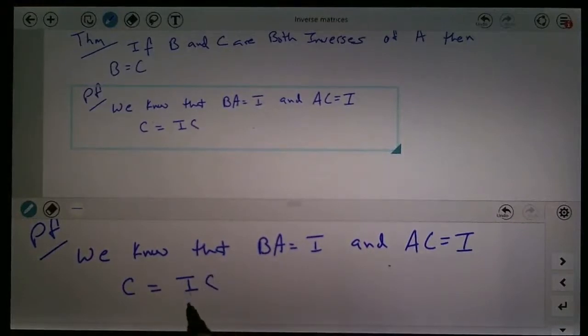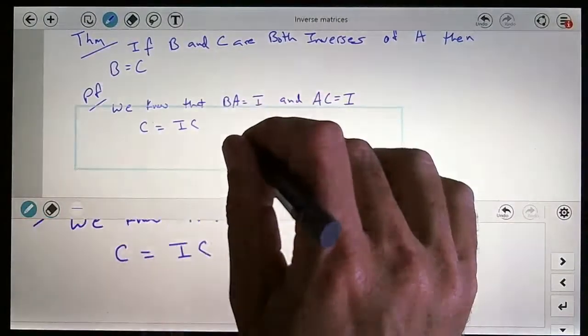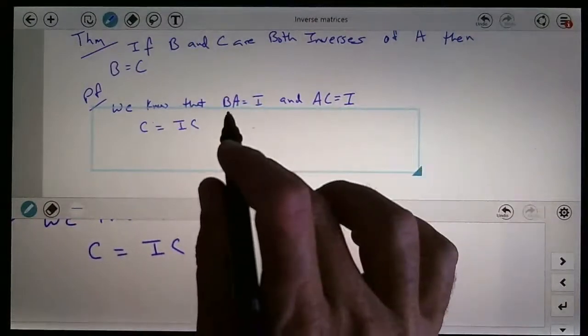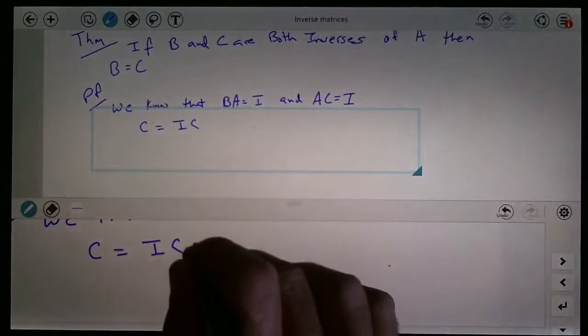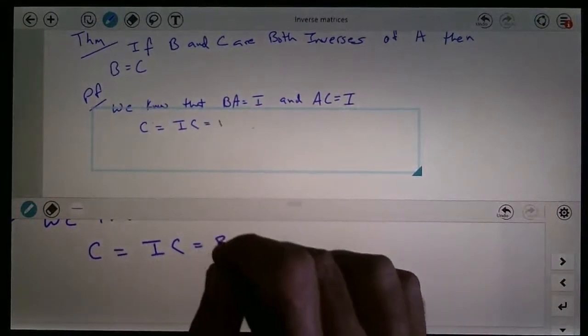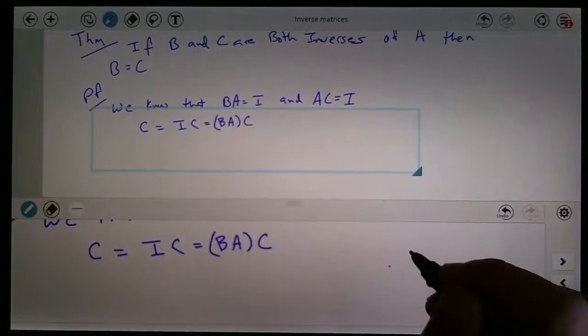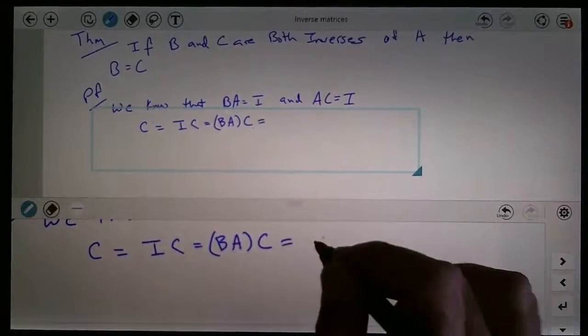Right? This is like multiplying by 1. If you take any matrix and multiply it by an identity of the appropriate size, then you get the same matrix back again. But I have from right up here that that identity matrix can be written as B times A. So I'm going to write this thing here as B times A times C. Then I'm going to use a property of matrix multiplication that it's associative.